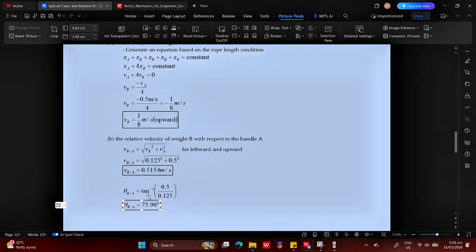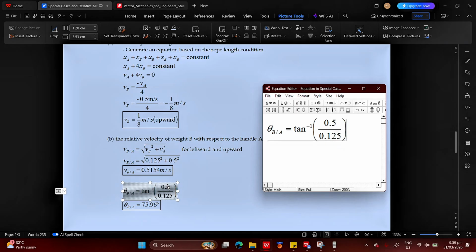I committed a mistake here. It's not the same with the answer key. If we have a leftward arrow, then upward, if you get the hypotenuse of the two, you need opposite over adjacent. So our opposite is upward, right? Actually, it's wrong. Our opposite should be the upward, and that is our V_B.